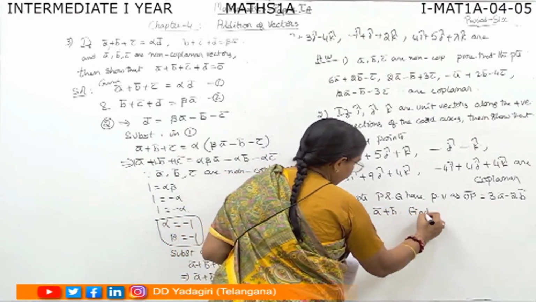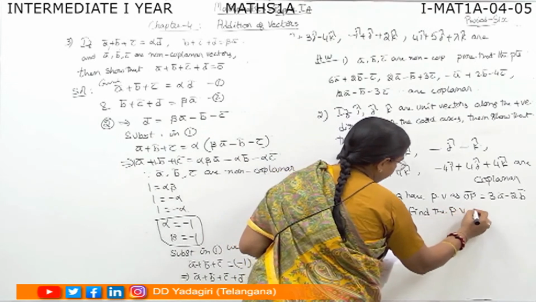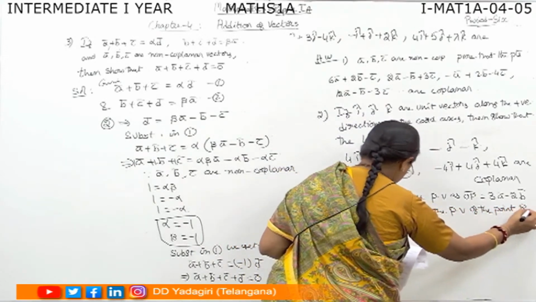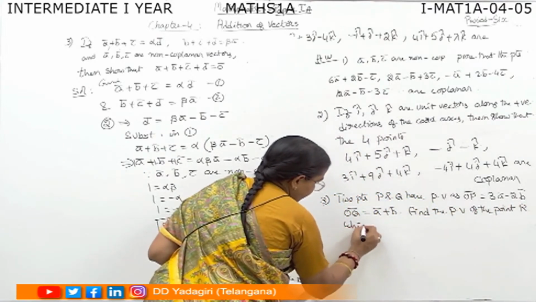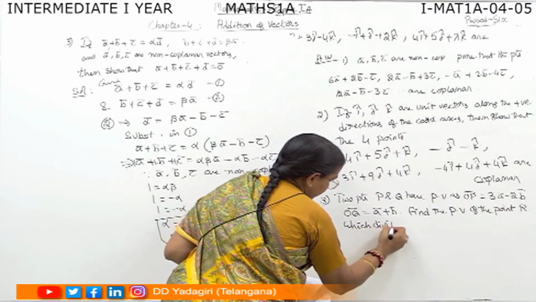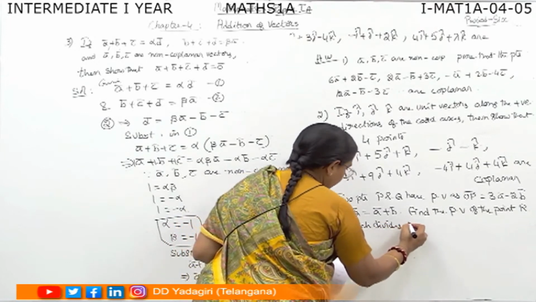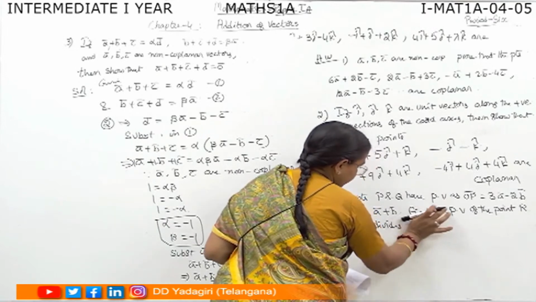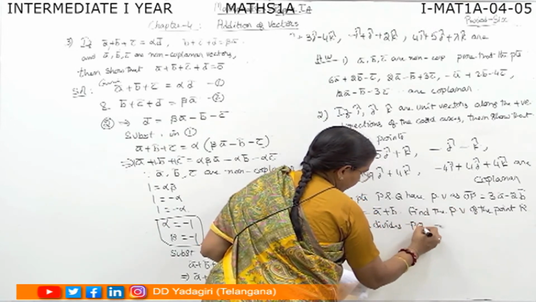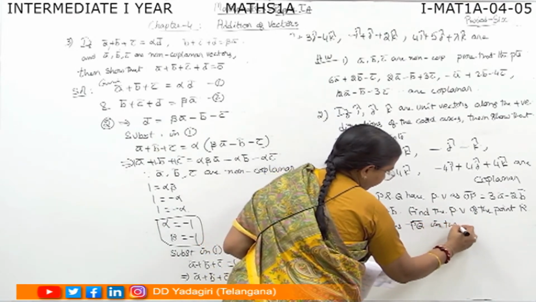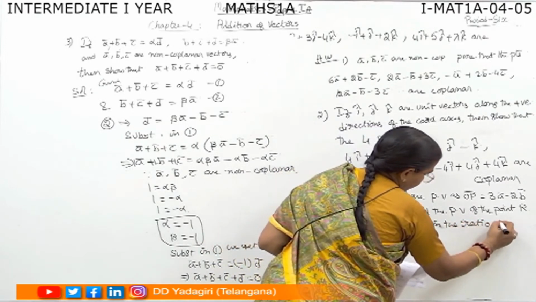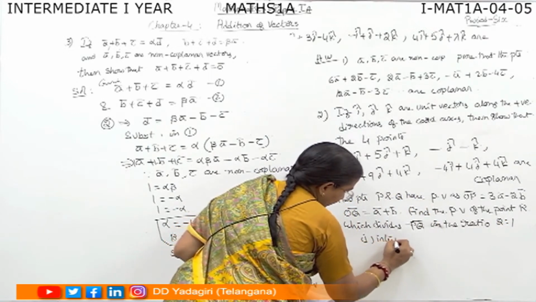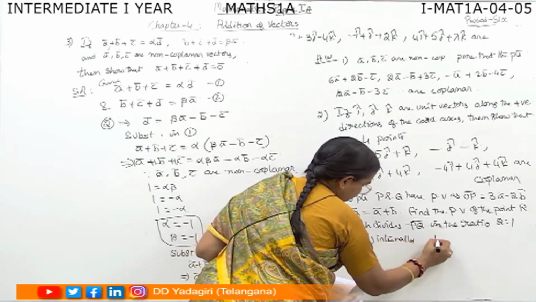Find the position vector of the point R which divides the line joining PQ in the ratio 2:1, first internally and then externally.